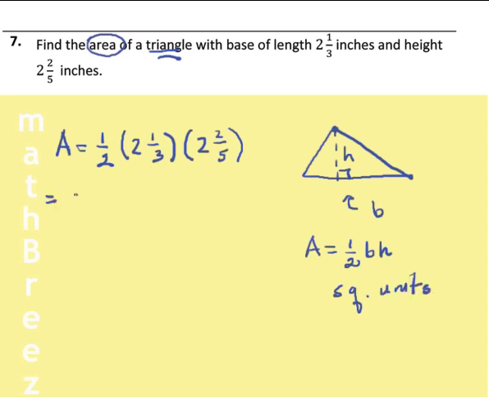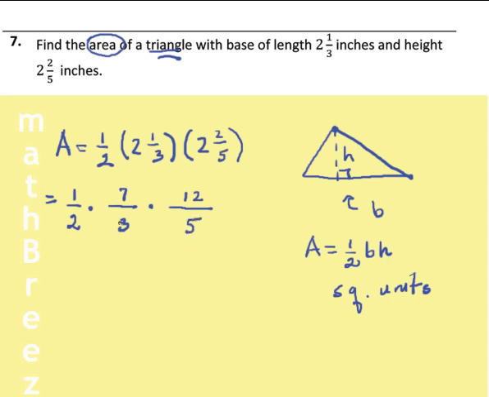All right, so we have to multiply these three, this fraction times a mixed number times a mixed number. Let's change the mixed numbers to improper fractions. So here we have 3 times 2 is 6 and 1 is 7. And here we have 5 times 2 is 10, and 2 is 12. Okay.